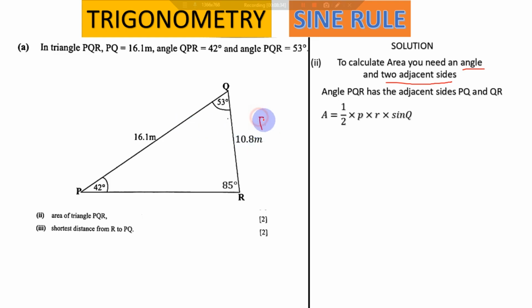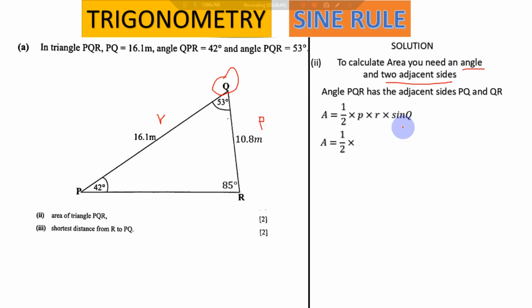Remember, this was P and this is our R. So PR, these are the adjacent sides to the angle Q, times sine Q, that angle that we are looking at.